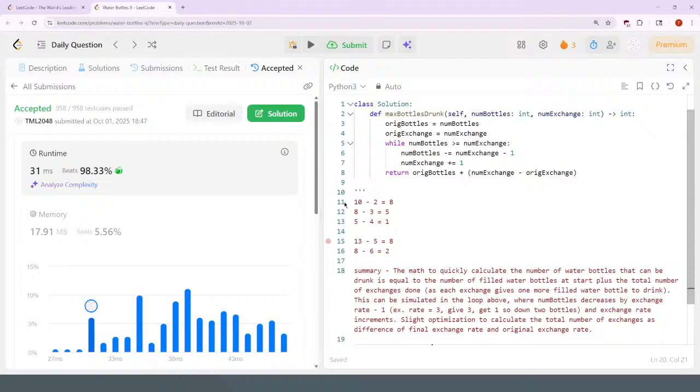Because this thing seems like it'd be slower than log n. The number of times you do the loop is quadratic, roughly. No, it's the square root of n, I think. I think it's the square root of n.